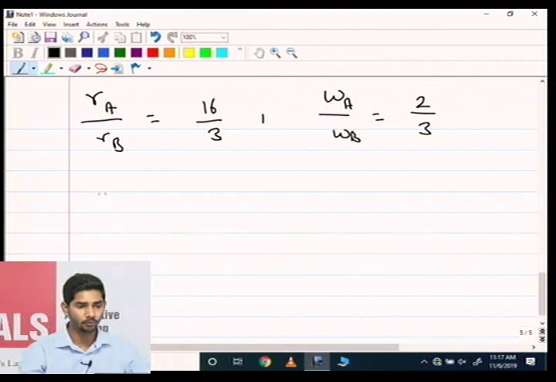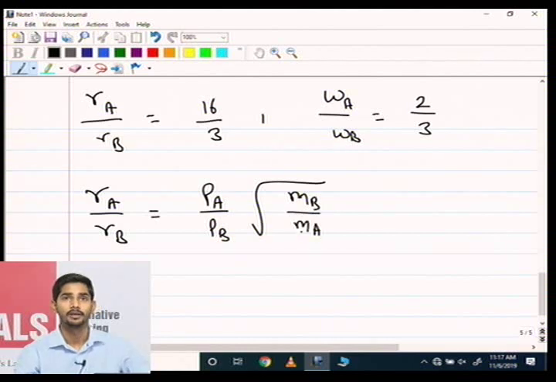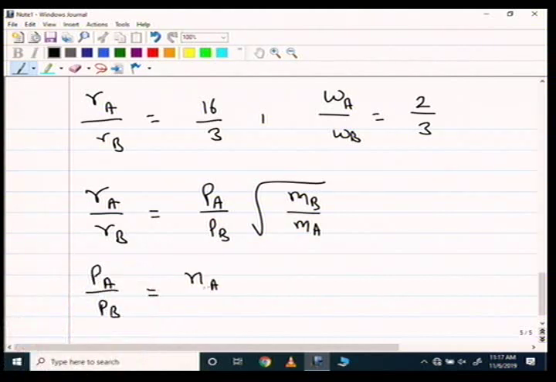I have told you one formula that RA upon RB is equals to PA upon PB under the root MB upon MA. I have already told you that PA upon PB can be written like this: moles of A upon moles of B, and moles can be written like this: WA upon MA into MB upon WB.